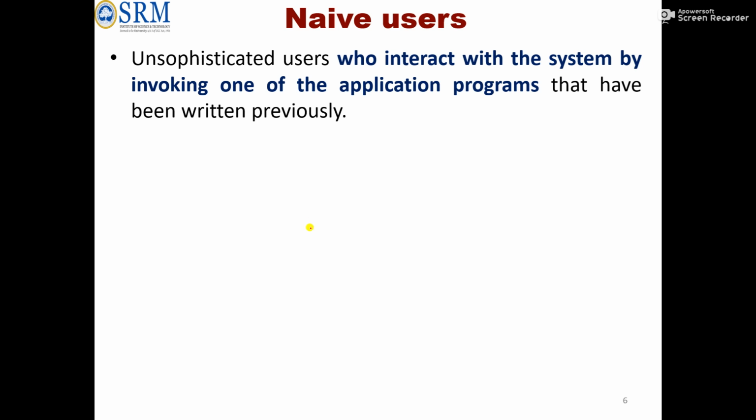The reason is the way of interacting with the database, based on which they are categorized as unsophisticated users, who interact with the system by invoking one of the application programs that were written previously.